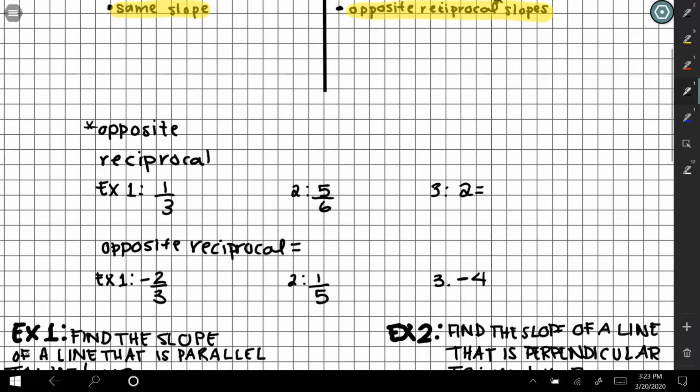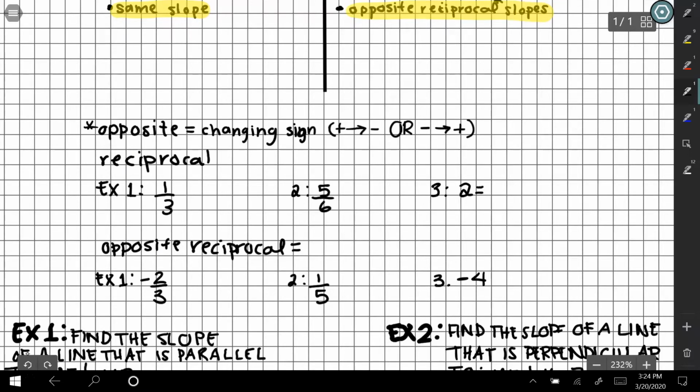So opposite in this context just means that we are changing our sign. So if we have a positive, we're changing it to a negative, or if we have a negative, we are changing it to a positive.